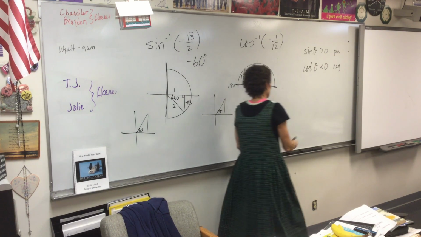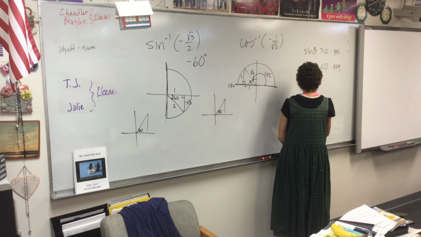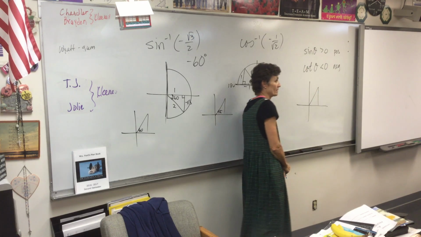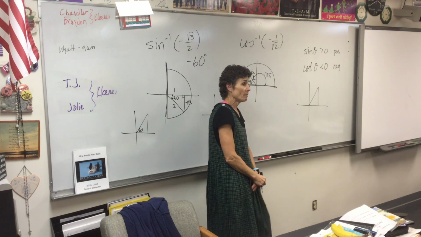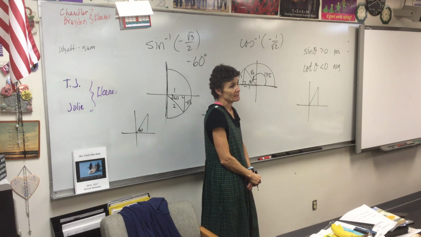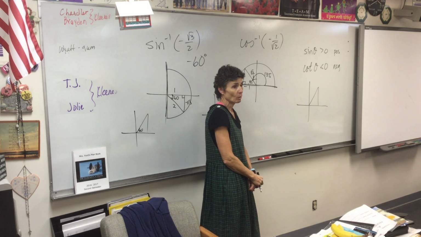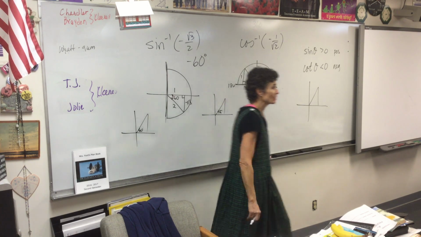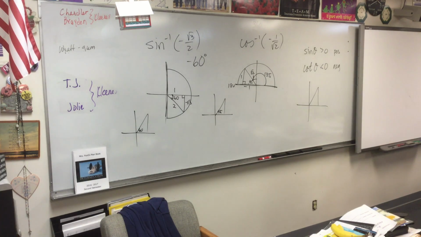Well, let's just talk about this for a minute. Would it happen in quadrant 1, that the sine would be positive and the cotangent would be negative? Boys and girls, is there anything negative in quadrant 1? No. So when it says cotangent negative, that rules out quadrant 1. It's not happening in quadrant 1.